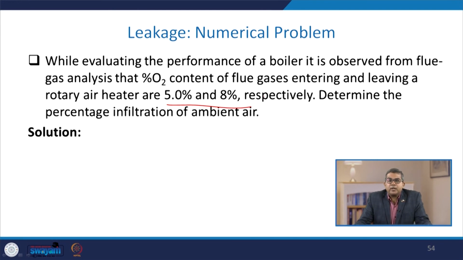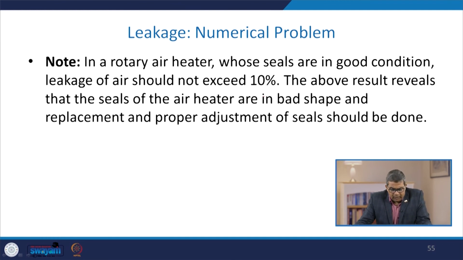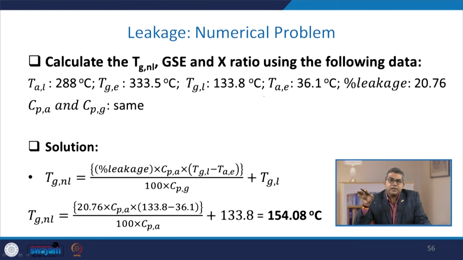You need to determine the percentage infiltration of ambient air. In a rotary air heater whose seals are in good condition, leakage of air should not exceed 10%. So, the result reveals that the seals of the air heater are in bad shape, and a replacement and proper adjustment of the seal should be done.